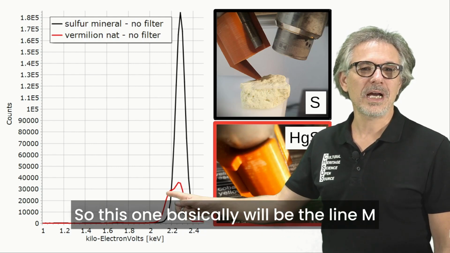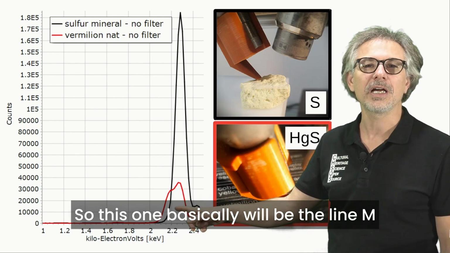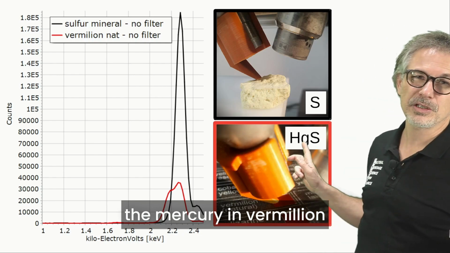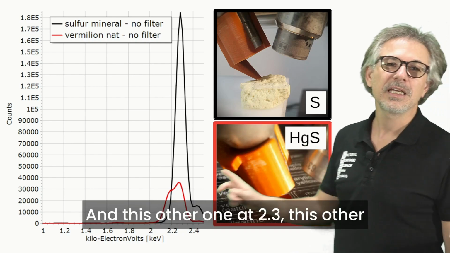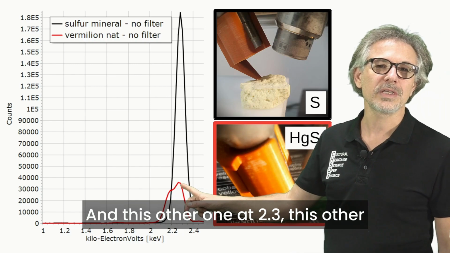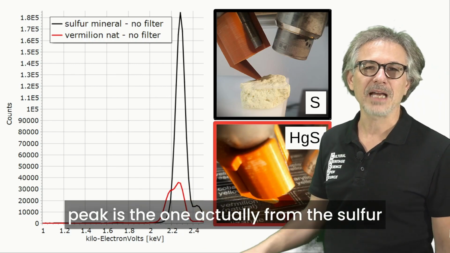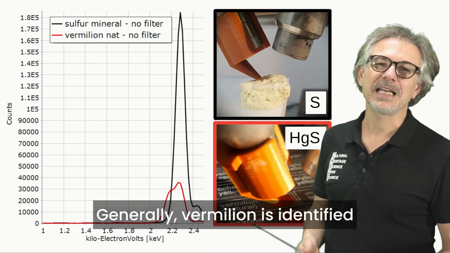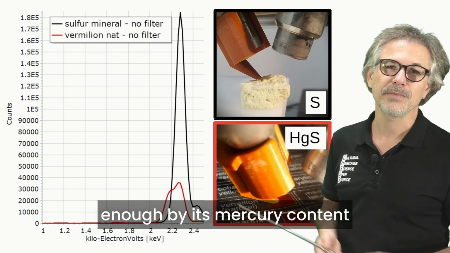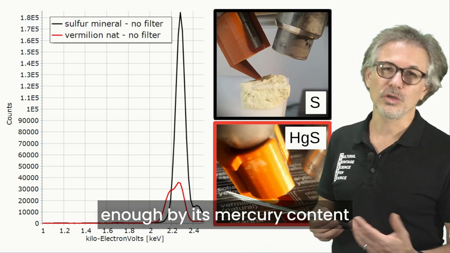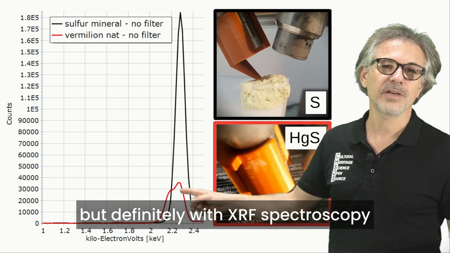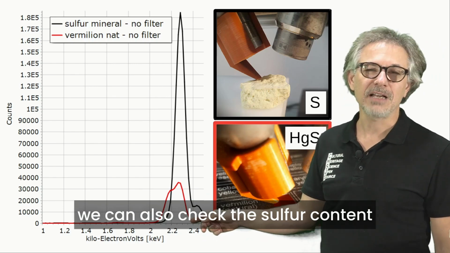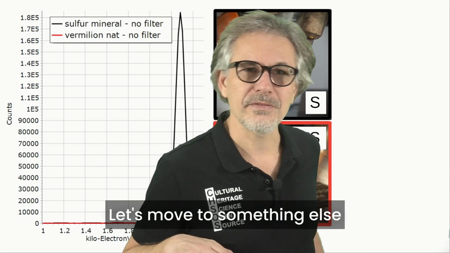This one will be the M line of mercury, from the mercury in vermilion. And this other peak, at 2.3, is the one actually from the sulfur. Generally, vermilion is identified well enough by its mercury content, but definitely with XRF spectroscopy we can also check the sulfur content. Let's move to something else.